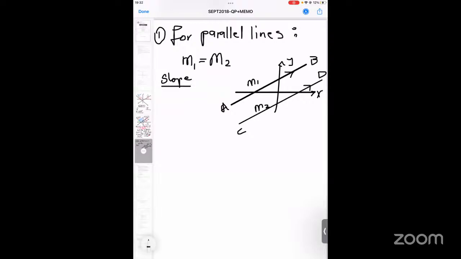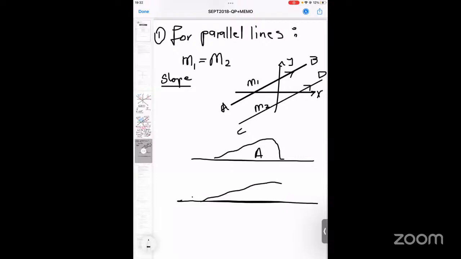So it's like we are saying the slope of this mountain A is actually the same as the slope on that mountain B, especially when looking at that point up to its highest point.